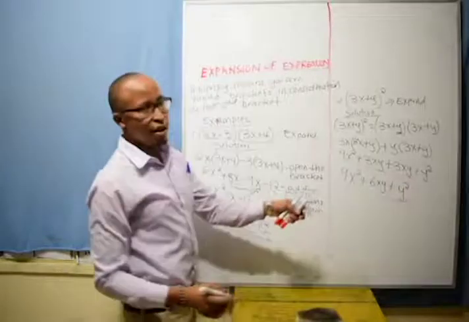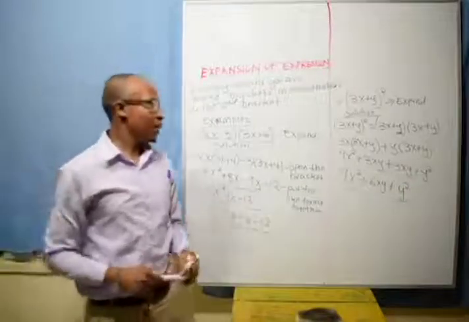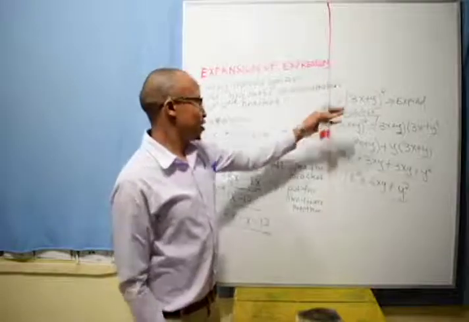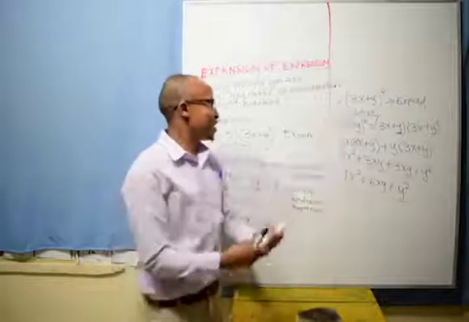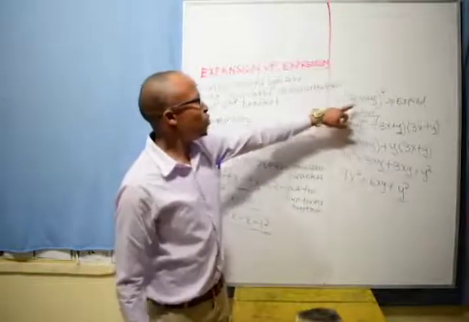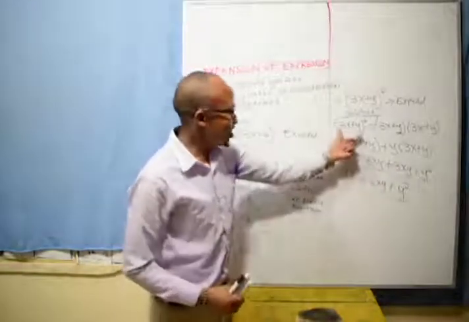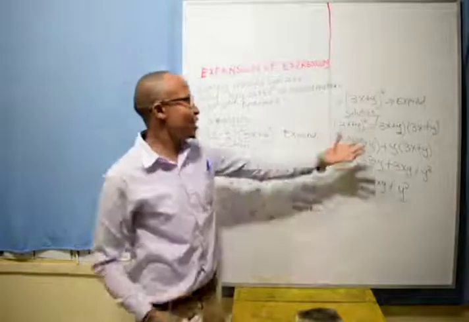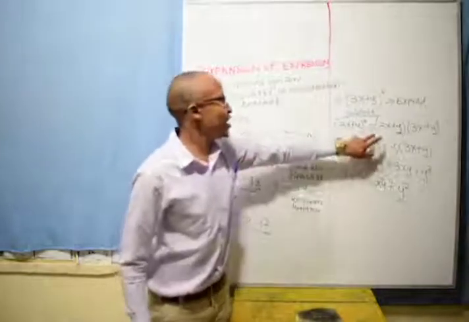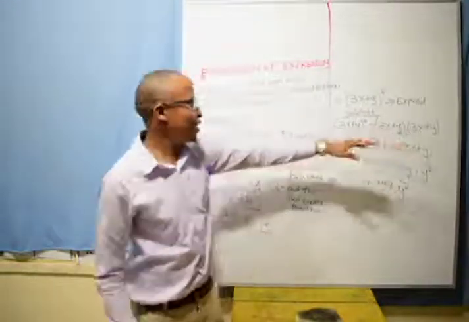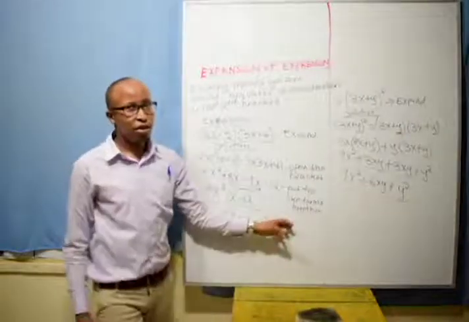So that's the expansion of the second example. So suppose you are given such an example, because it is squared, it simply means you are taking the first bracket and you have another second bracket, and then you use the same process to do it.